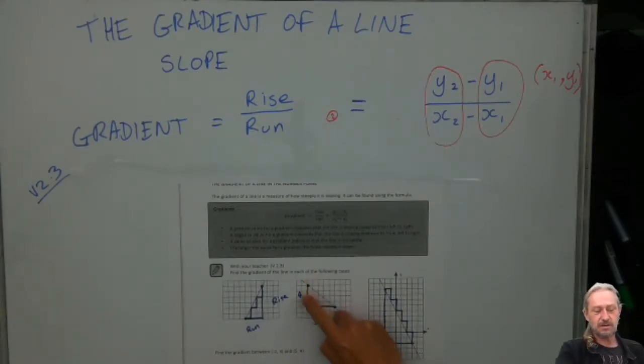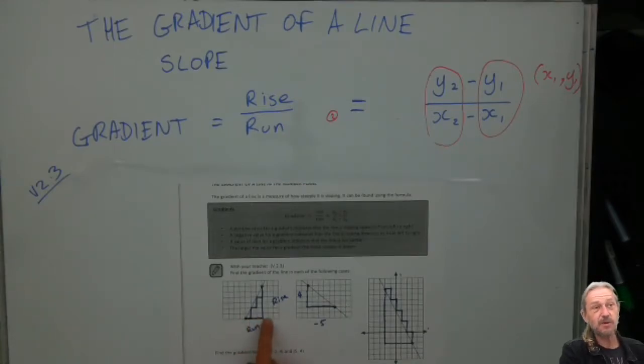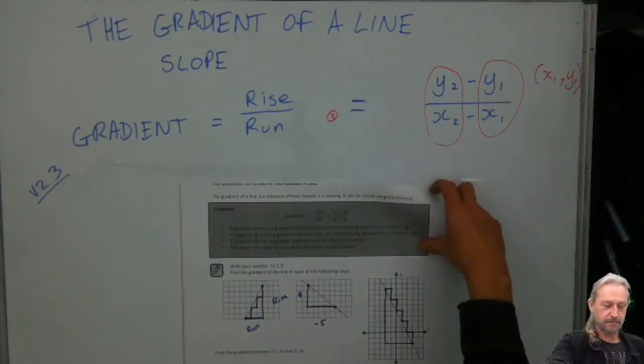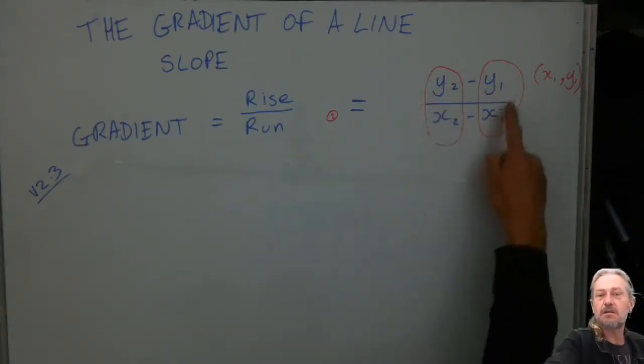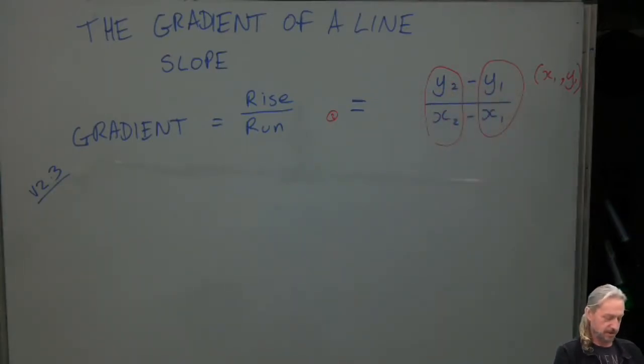So the rise will usually be positive. The run could be, in this case, positive, in that case, negative. Right, so I'll take that away and we'll have a go at using this equation.